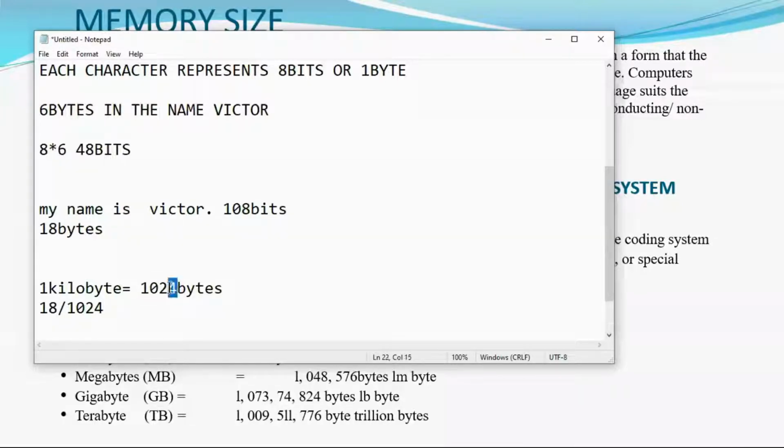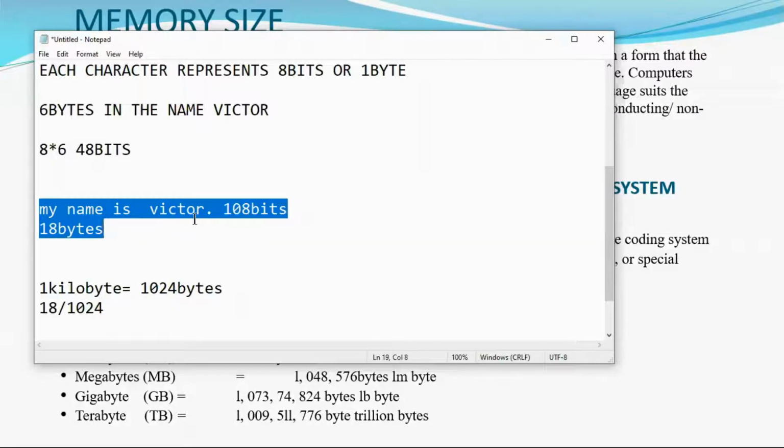The exact number of bytes the computer has in 1 kilobyte is 1,024 bytes. It is standard, so it's not 1,000. So the 24 came from the number of bytes. Don't be scared. This will be the number of kilobytes we shall find in the sentence, my name is Victor.